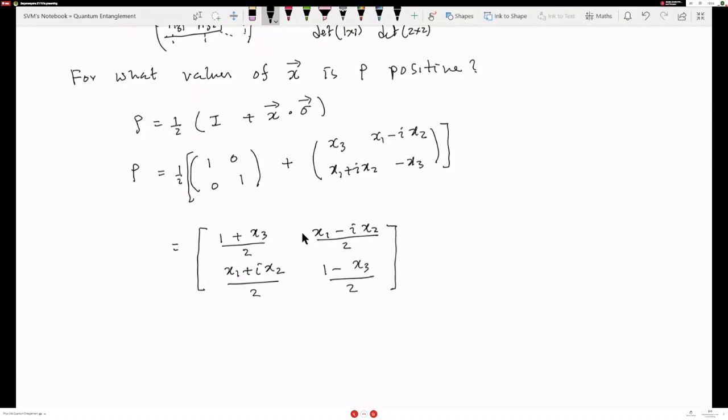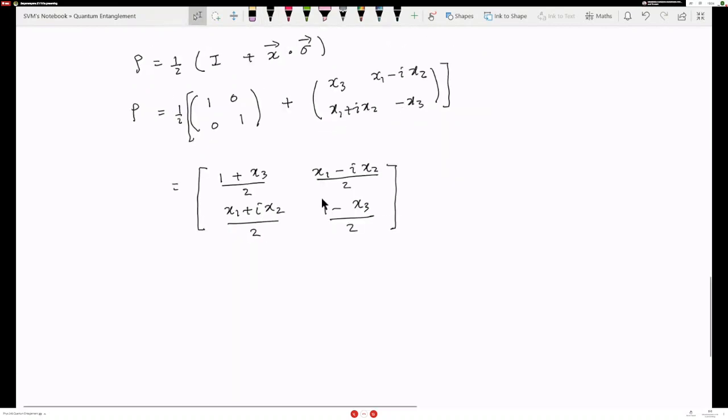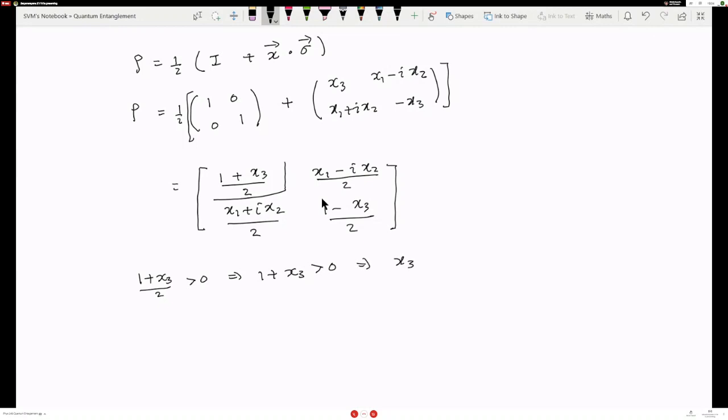So this is the matrix rho. Now one of the easiest things to verify that it is positive, I will use this one, this 1 by 1 block. So that means (1 plus x3) by 2 has to be greater than 0. That means 1 plus x3 is greater than 0. That implies x3 is greater than minus 1. Okay, so this is the condition that I am getting.